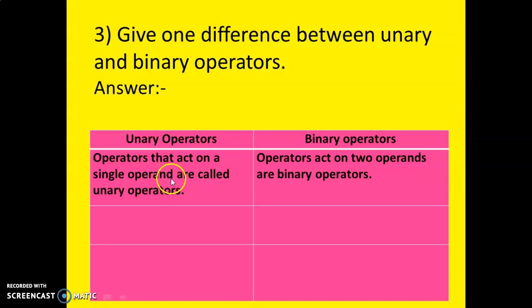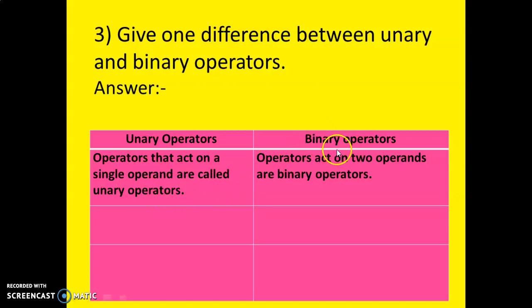A single operand means, suppose, a plus plus, so the value of a is increased by 1, or a minus minus, or plus a, minus a. Only one variable is there, so it operates on only a single operand. There are not two variables or two operands like a plus b.